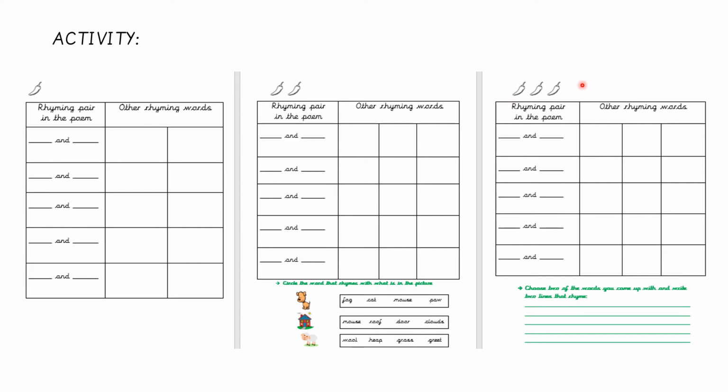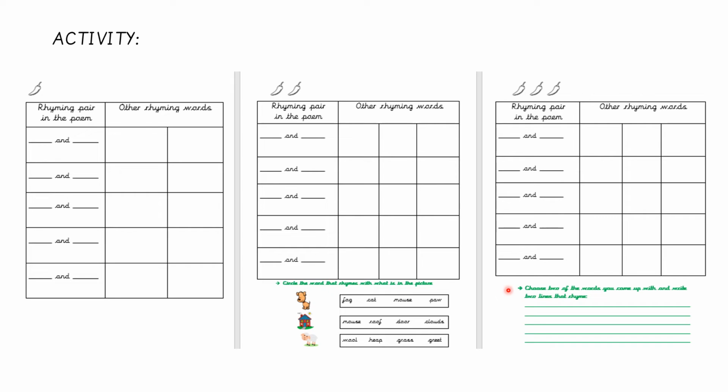If you choose the hot level of challenge, you have also got to find those rhyming pairs in the poem, so the two words that go together to rhyme, and 1, 2, 3 other rhyming words that match that pair. So all words should rhyme together. And then once you've done those and you think you've found them all, you've got your next step down here.